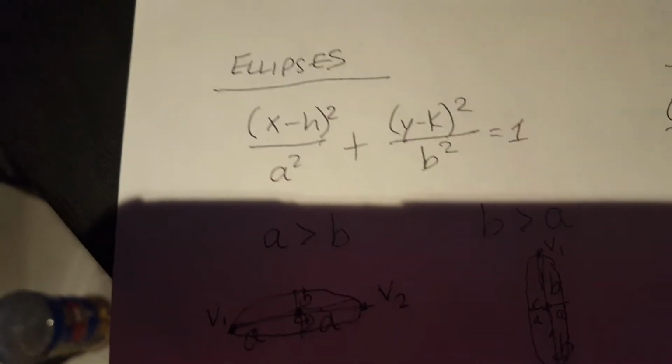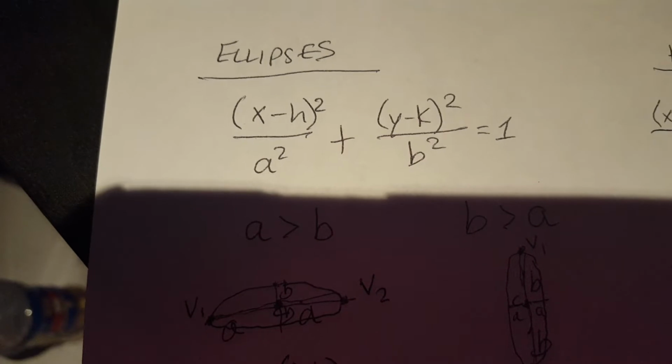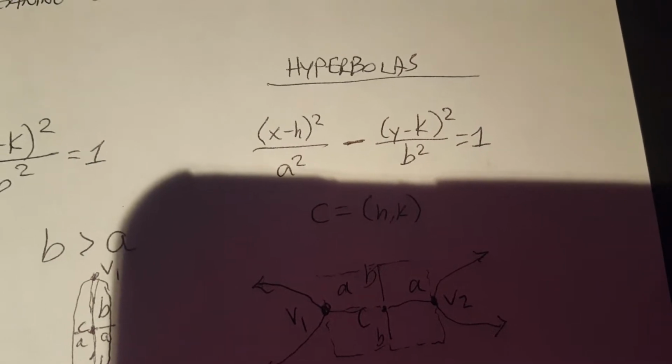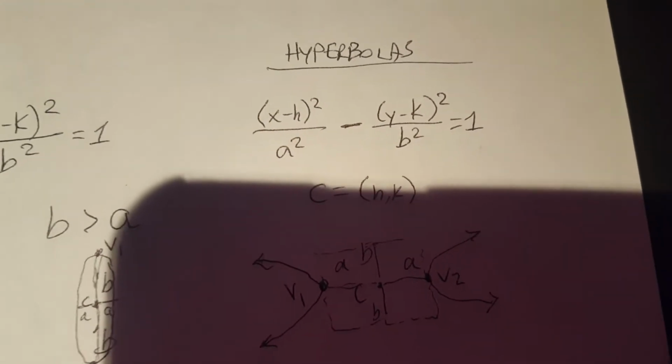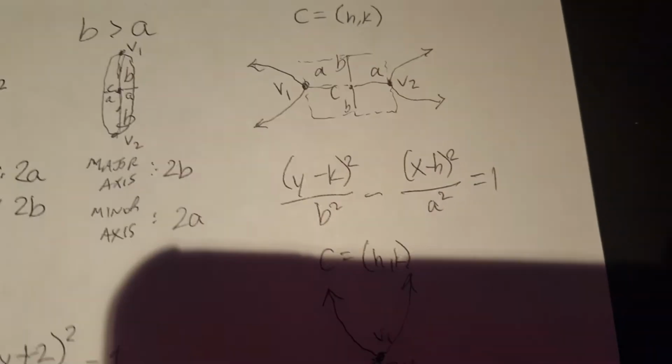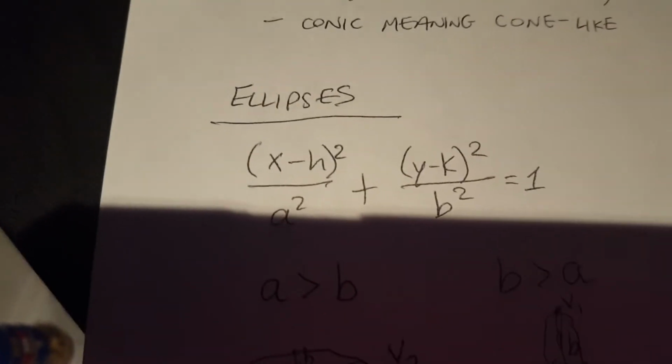The key thing there is the plus. You're adding those two together. When you're dealing with hyperbolas, you're subtracting. And you could have the x squared minus the y squared, or you could have the y squared minus the x squared. Now, let's focus on the ellipses for right now.